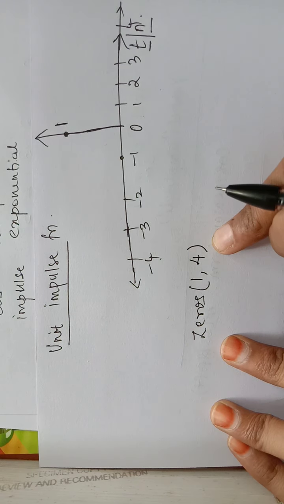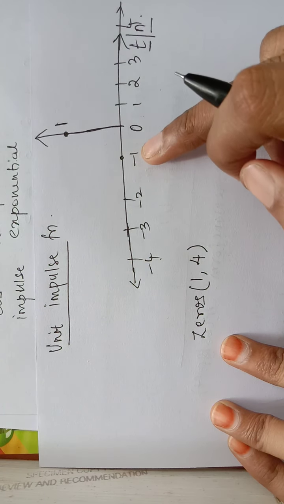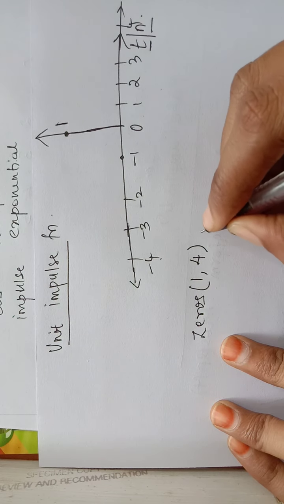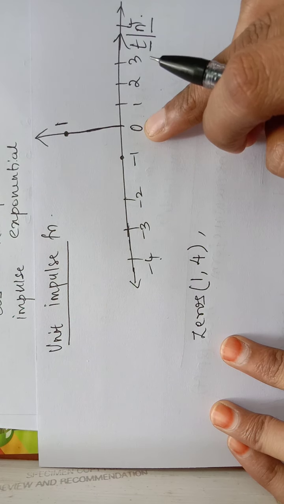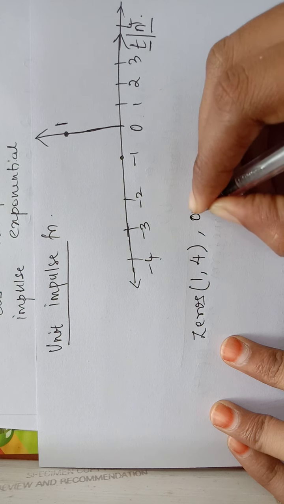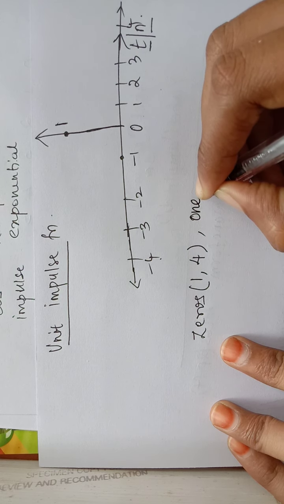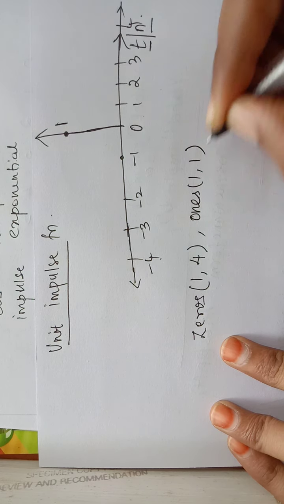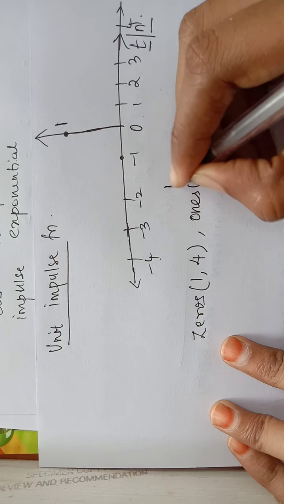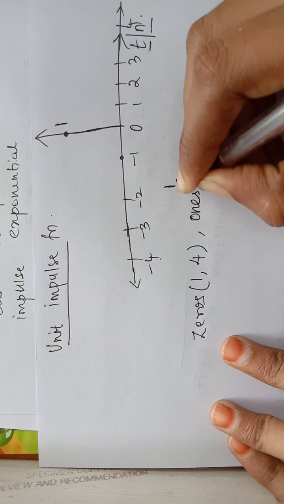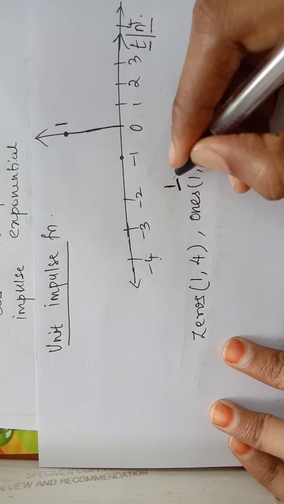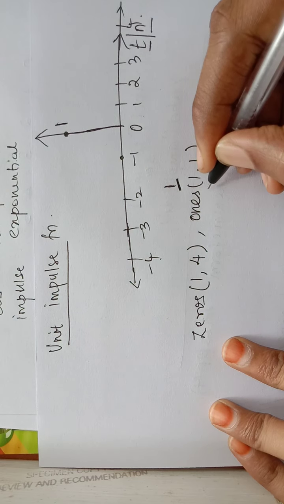So this function generates 4 zeros. After that, I need one 1, so I am going to use ones of 1 comma 1. Either you can use a single value 1 here, or you can use this function.